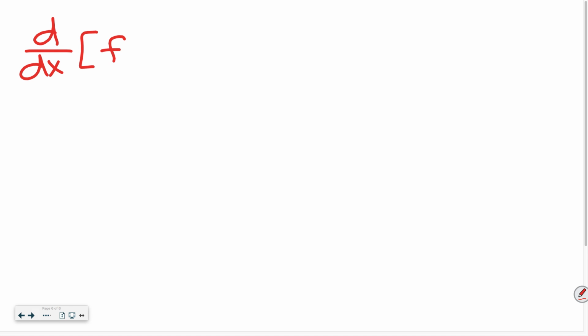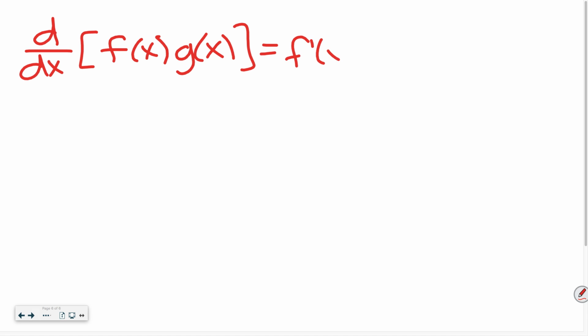If I ask you for the derivative and it's two functions multiplied, Chris, tell me what I need to write. It's f prime of x times g of x plus f of x times g prime of x.